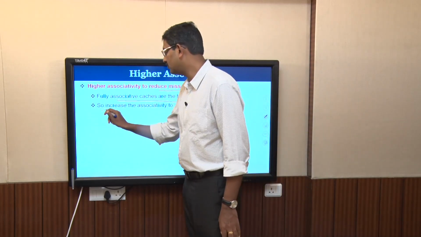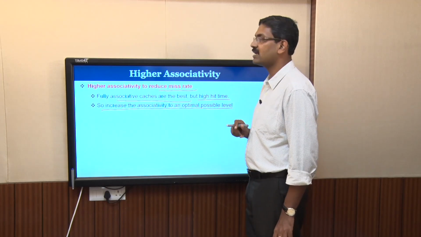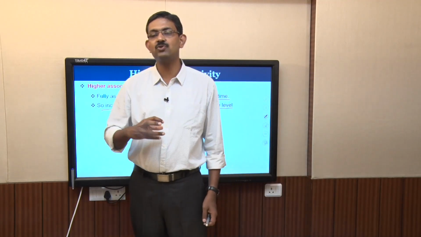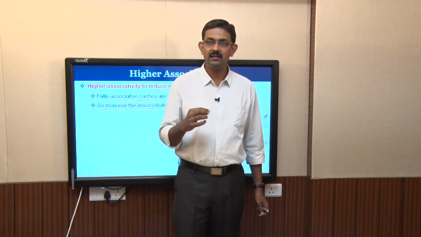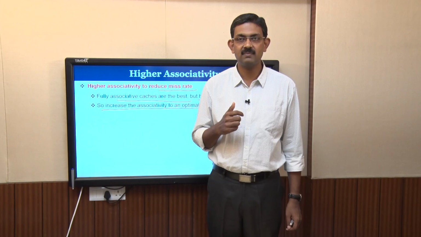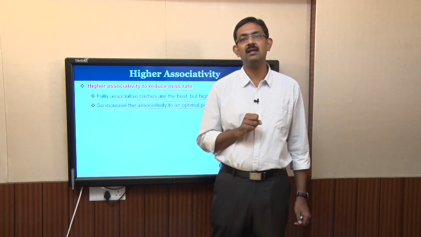So starting from a direct mapped cache, it is always good to increase the associativity to a reasonable level, because once we move from a direct mapped cache to a two-way associative cache, the miss rate will come down, but you have to understand that the hit time will slightly increase. When you move from two-way to four-way, again hit time is going to slightly increase.